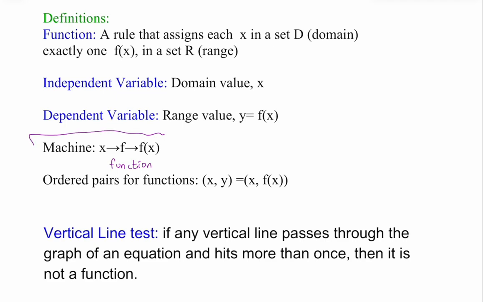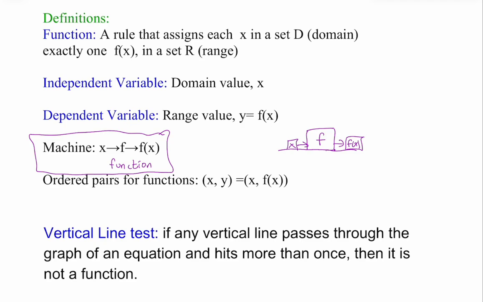So remember, you can think of a function like a machine. I have an x. It goes into the function. It comes out the other side as an f of x. So you want to think of a function like a machine.